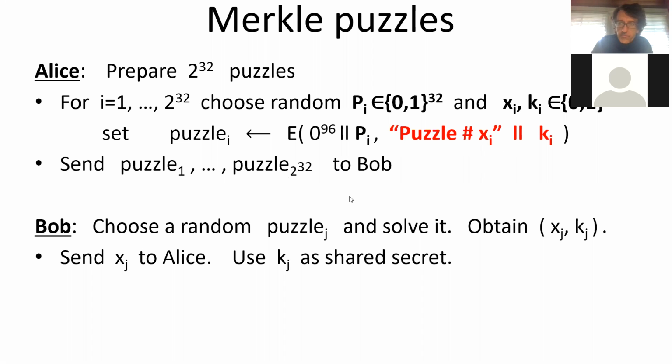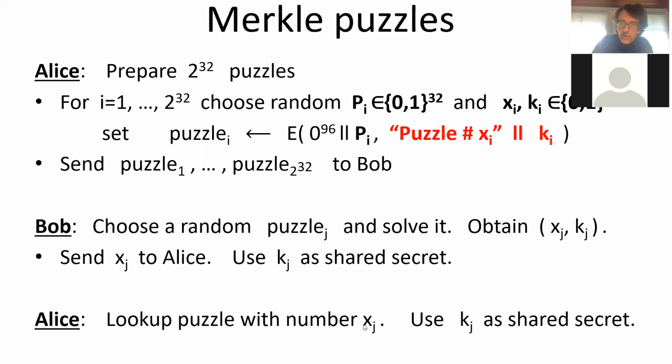You do 3 things, but the probability something goes wrong with an ideal cipher is basically the same as the probability that xi, ki, and this stuff collides, and that probability is 2 to the minus 128. Okay, so he chooses a random one, he solves this, and he sends the nonce to Alice, and he uses the corresponding key as the shared secret.